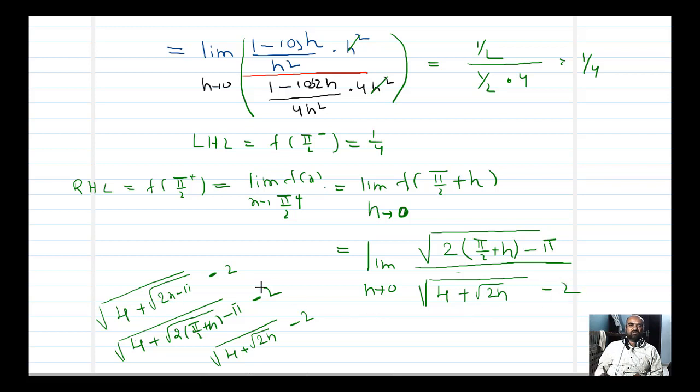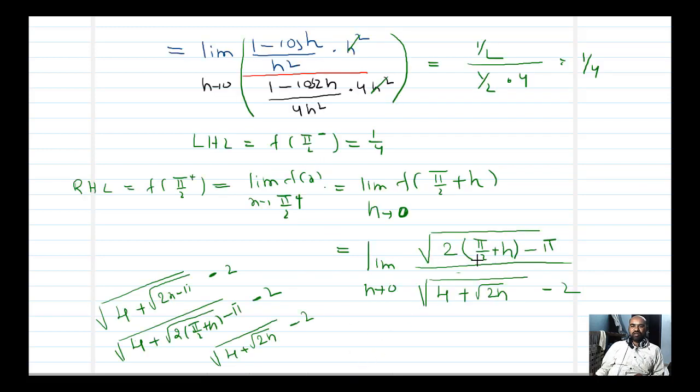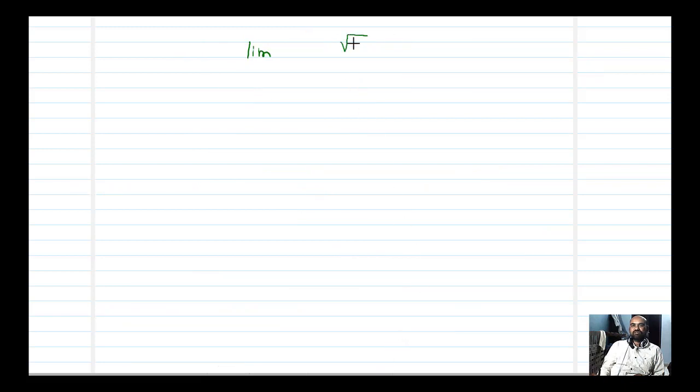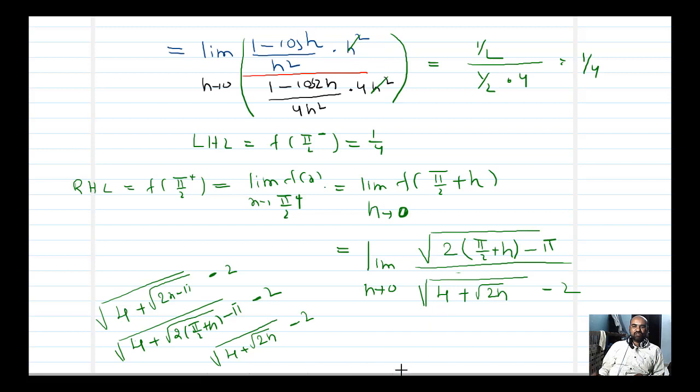Limiting value, numerator: so 2 pi, pi gets cancelled, 2h, numerator only root 2h, divided by, here what will we get, I will write, root over 4 plus root 2h minus 2, h is tending to 0.